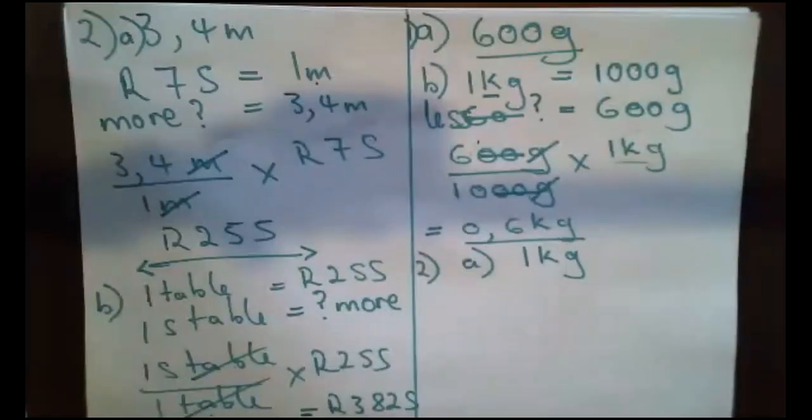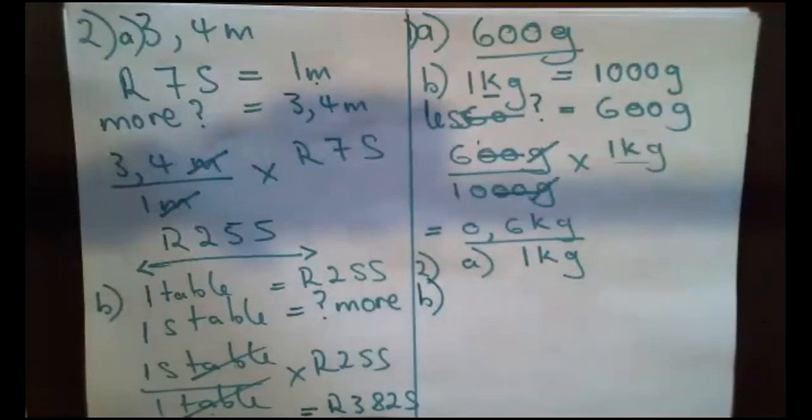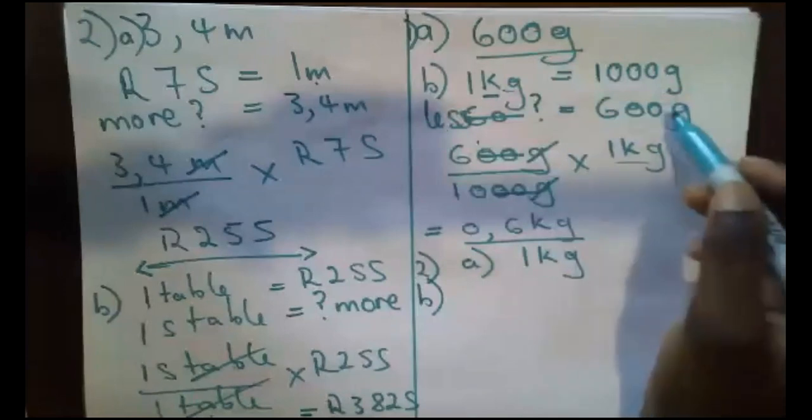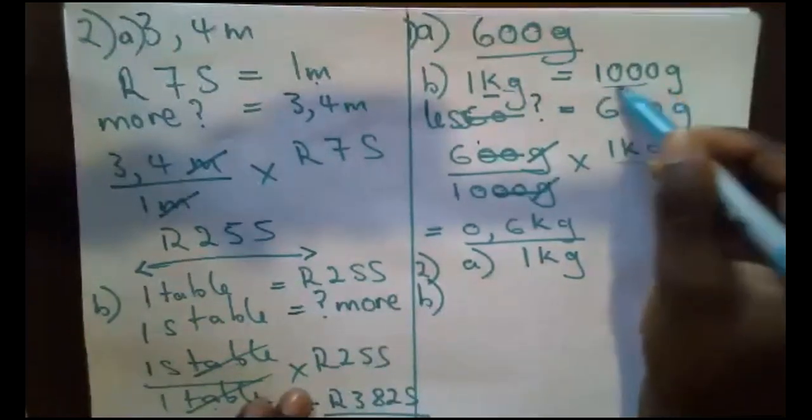Part B is asking us the value of 1 kg in grams. Again, we do what we have been doing, guys. The situation is a little bit different, but we already know this situation.